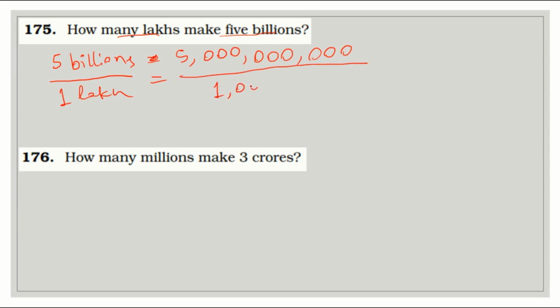Now when I divide 5 billions by 1 lakh, which is 1 0 0 0 0 0, it gives me how many lakhs can make 5 billions.